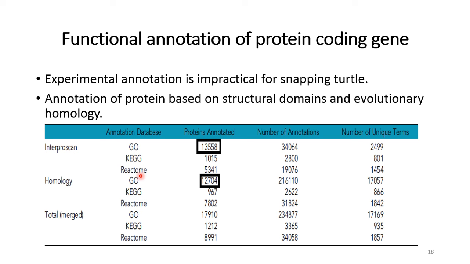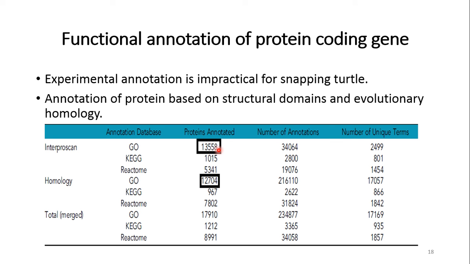This result shows that functional annotation covers 13,558 proteins based on architecture and functional domains.